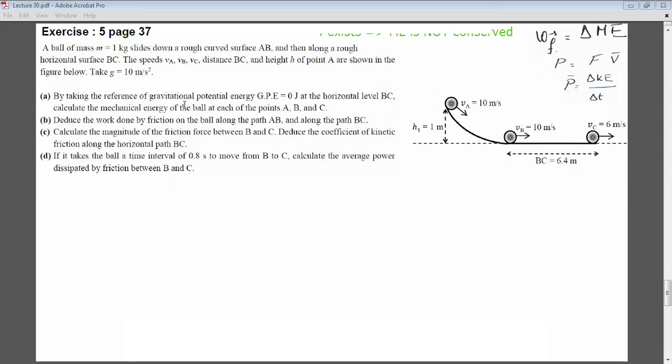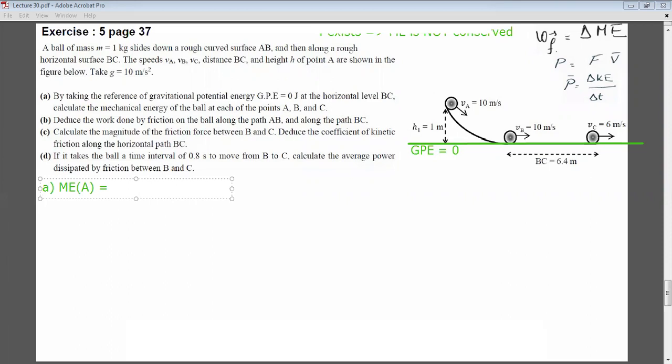By taking the reference of gravitational potential energy at the ground level, so here is the reference. Here GPE equal to 0. At the horizontal, calculate the mechanical energy at each point A and B and C. So let's start with part A. Mechanical energy at A is equal to what?